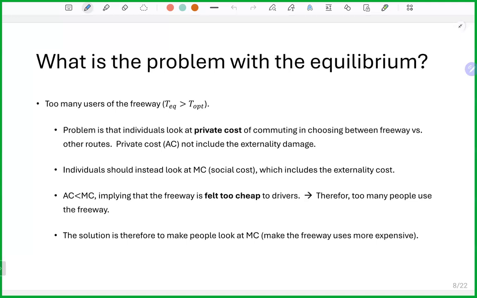So in other words, the question is, can this social cost be regarded as private cost, the new private cost?